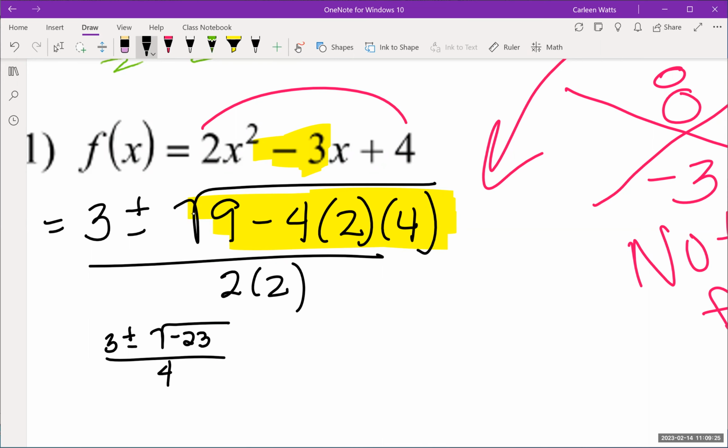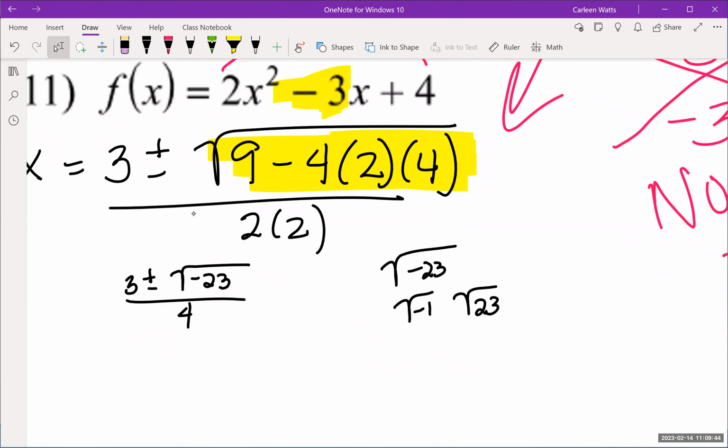Okay, don't leave a negative number underneath the square root. It becomes an imaginary number. So -23 is -1 and 23. 23 is prime. It does not have a factor that is a perfect square. Okay. Something over 4.